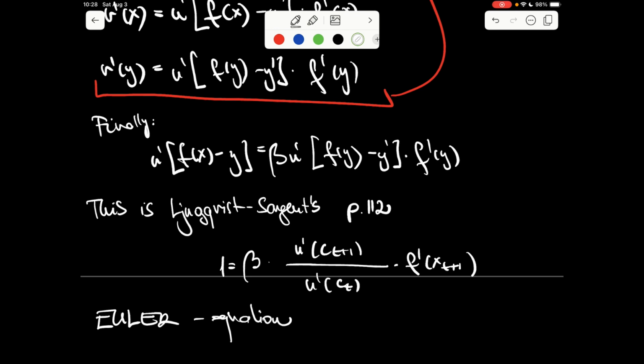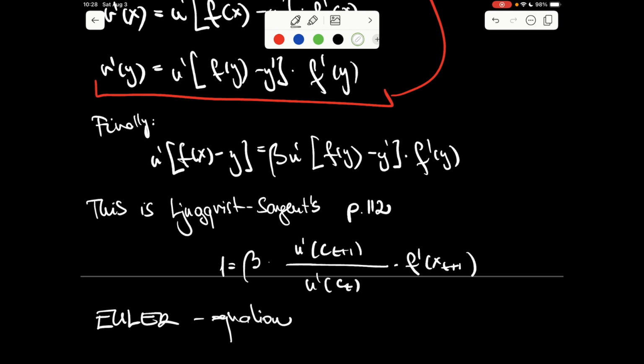And you can see this is a first order difference equation that must be satisfied by the optimum capital stock. So we can use this Euler equation to find the optimum solution.